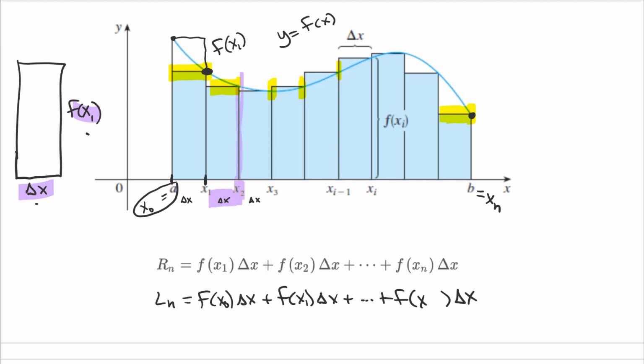Well, if we're using a left hand, we're never going to end up using this height here. That's all the way to the right. So when we make our final rectangle, we're moving off from the left, and it's going to be this rectangle here. But we're using the height from f of x sub n minus 1.